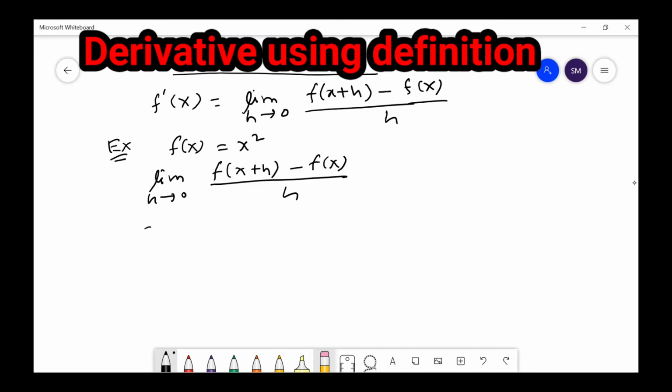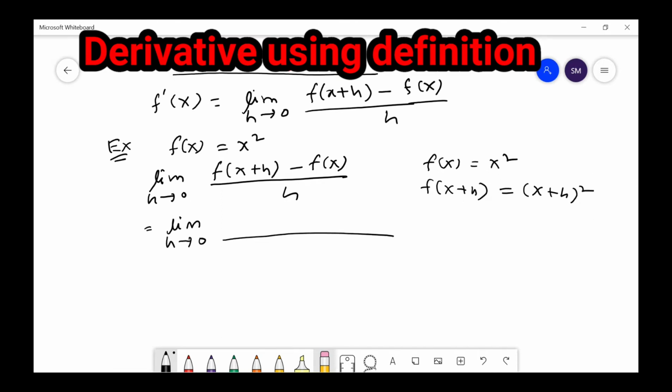This is equal to limit h tends to 0. So f of x is equal to x square, so f of x plus h will be x plus h whole square. We write it here: x plus h whole square minus x square over h.